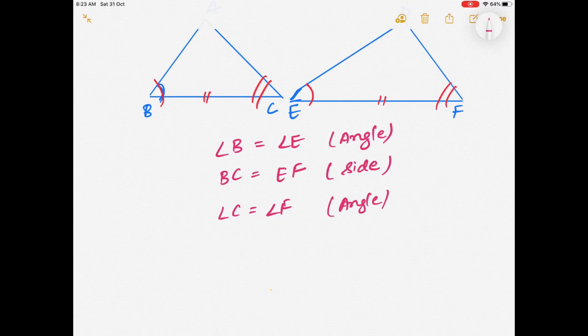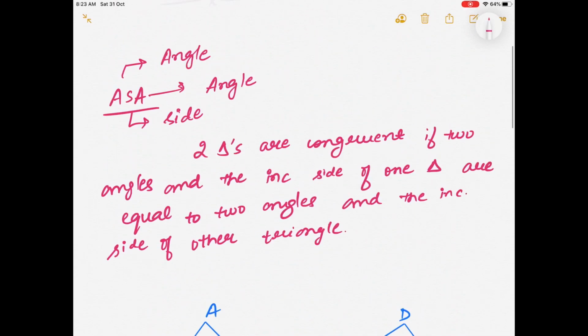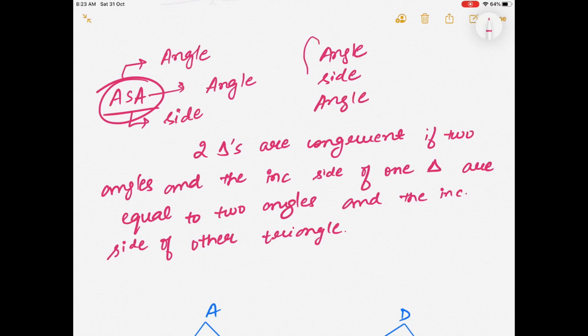You have to write these things in a proper manner because you want to prove these two triangles are congruent to each other using the congruency rule ASA. So you have to write angle first, then side on the second point, and then again angle. Then only this congruency rule will be applicable to your question.